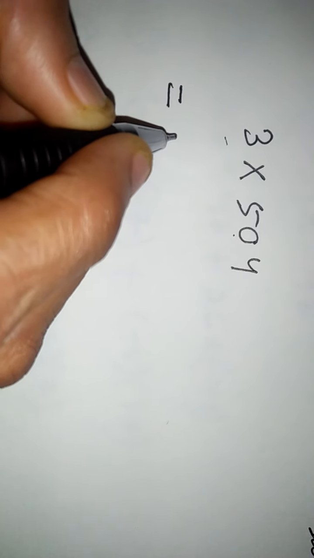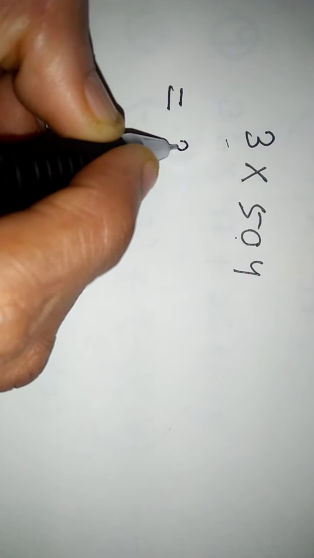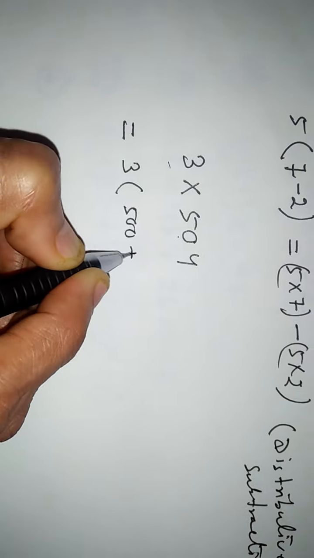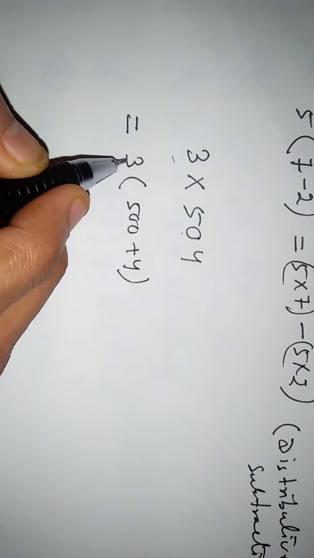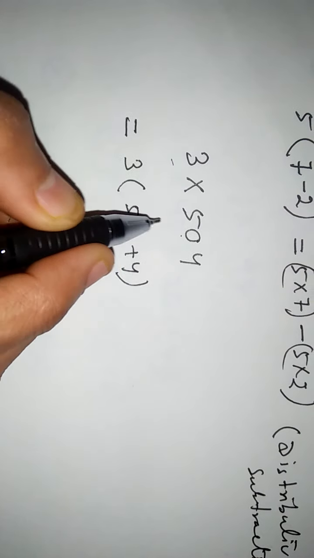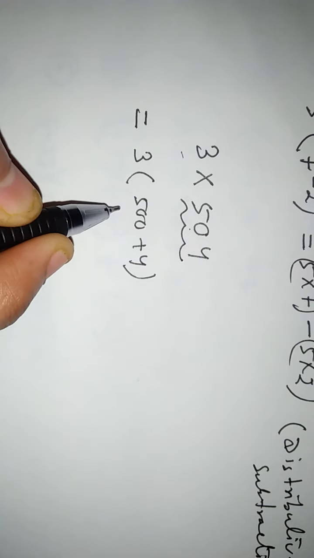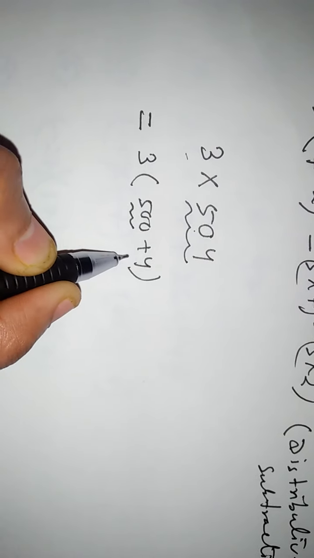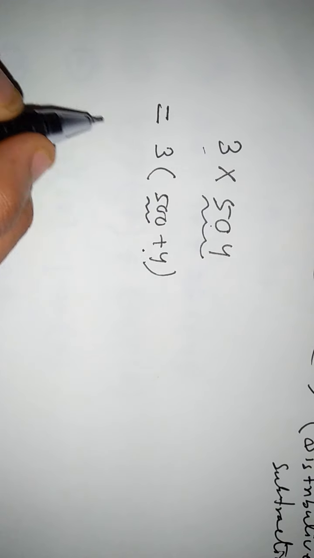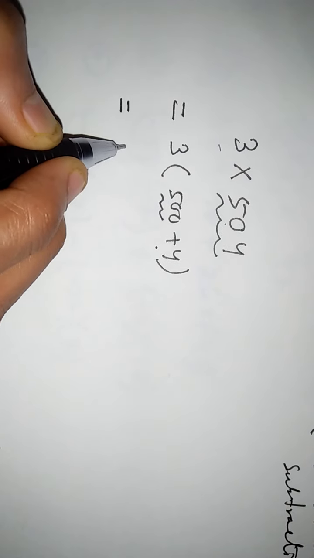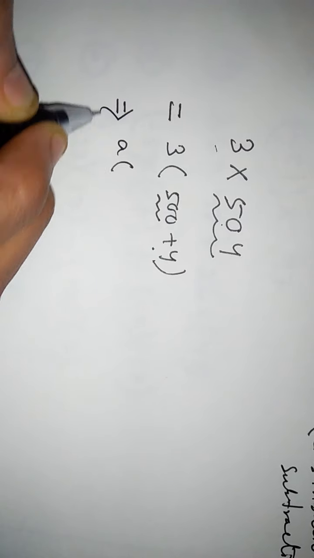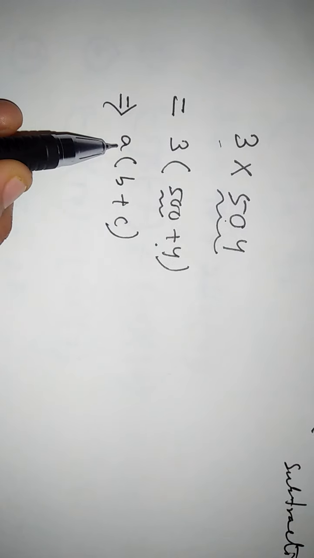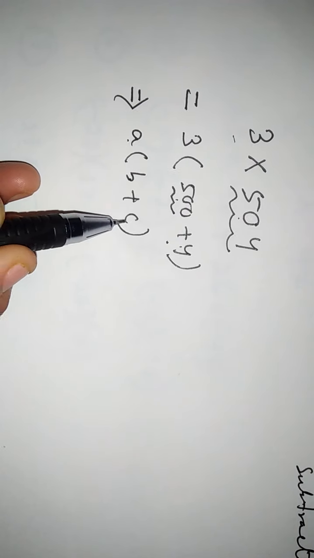I will write it like this: 3 into 500 plus 4. So you see, here I am writing 504 as 500 plus 4. So it should be in the manner of A into B plus C. You are seeing A is 3 over here, B is 500, C is 4.